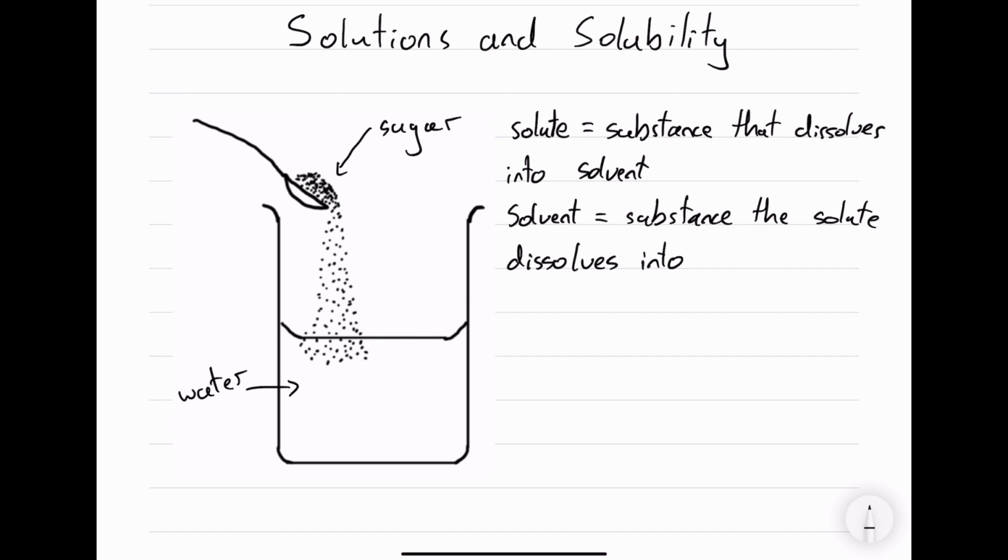Together, the sugar and the water form a solution, and a solution is a mixture of the solute and the solvent. And this can happen because sugar is soluble in water, which means it can dissolve.